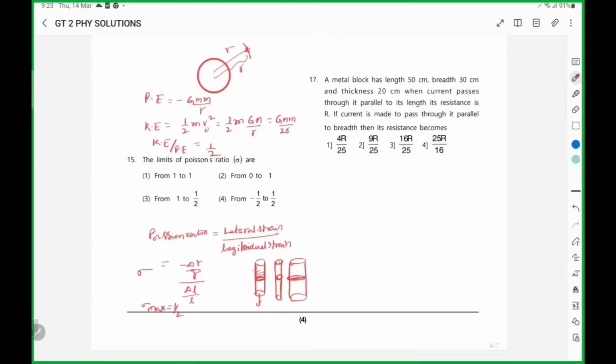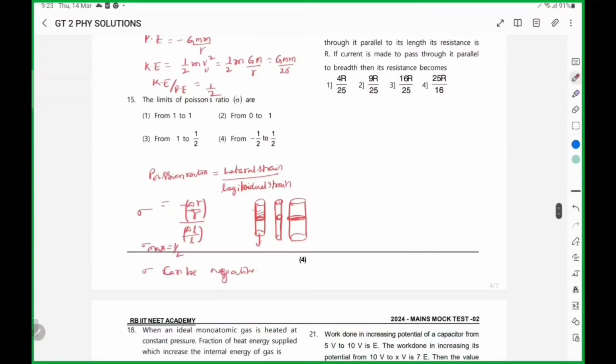So for those materials, these two become positive and negative. So Poisson ratio can be negative. So it in fact lies between minus 0.5 to 0.5. It's the fourth option.